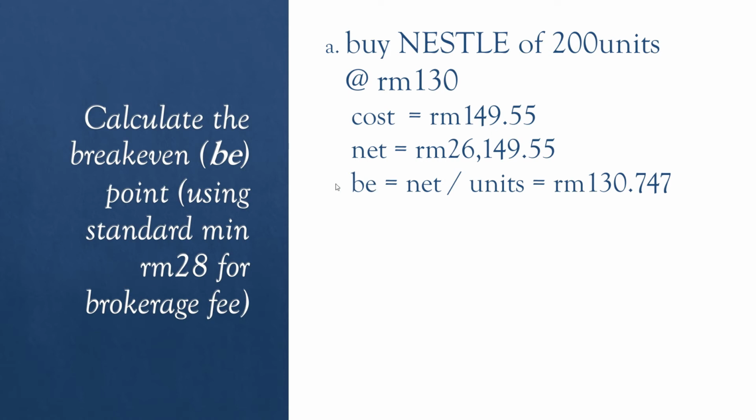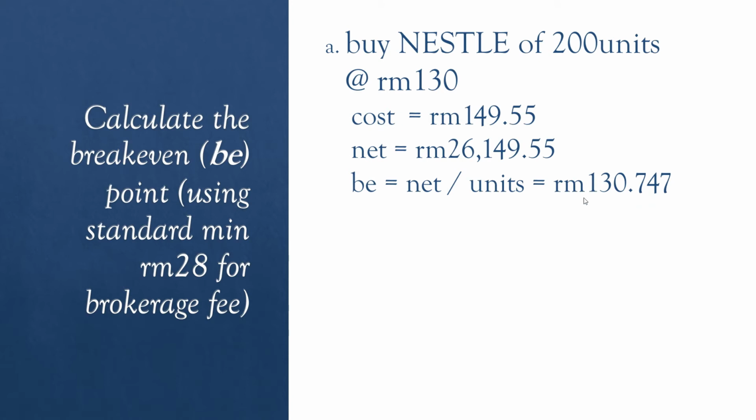So your break-even, the formula to calculate is net divided by units. Your net is 26,149.55 divided by 200. Then you will get 130.747. Maknanya dekat sini, if your original purchase price is 130, your break-even point is 130.747, meaning you cannot sell less than this.